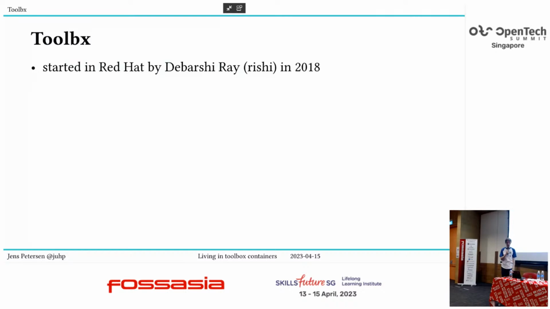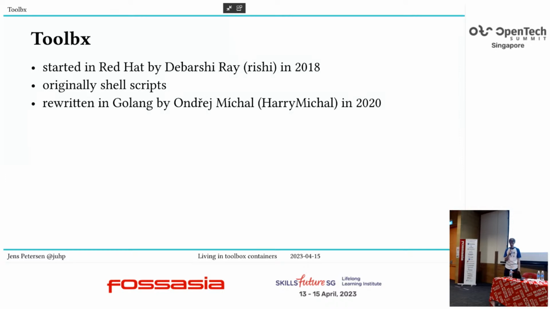It was originally started by Debarshi Ray in 2018. Originally it was just a shell script, but then it was rewritten in Golang. The idea was that Golang would bring it closer to Podman, and most container tools are written in Golang, though in practice it's more just calling out to Podman these days.